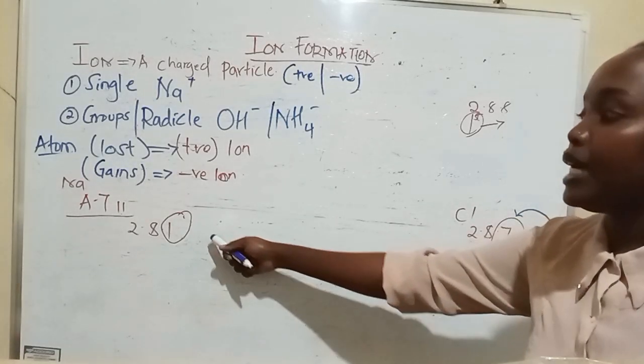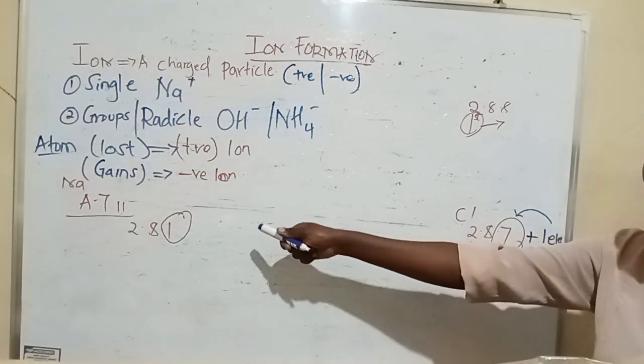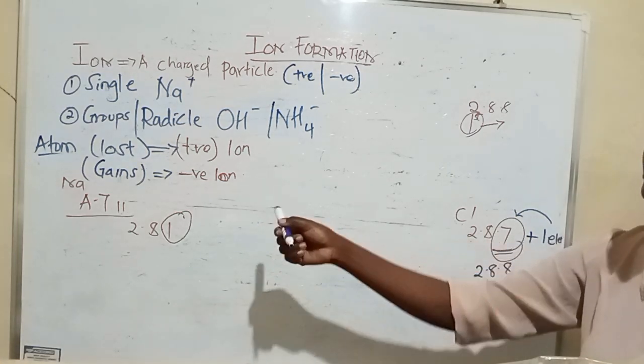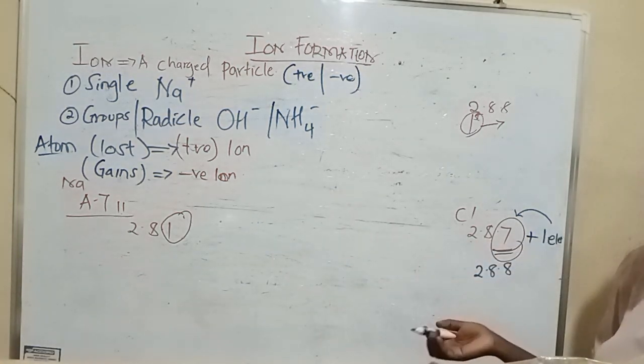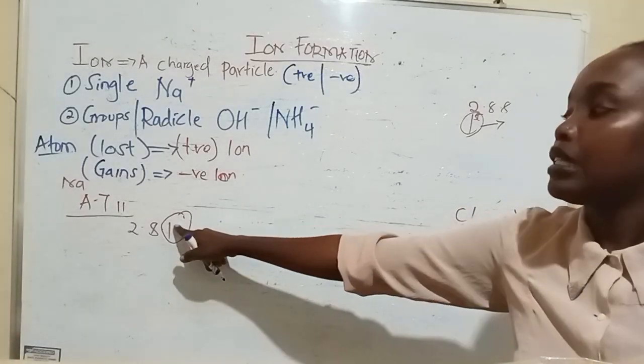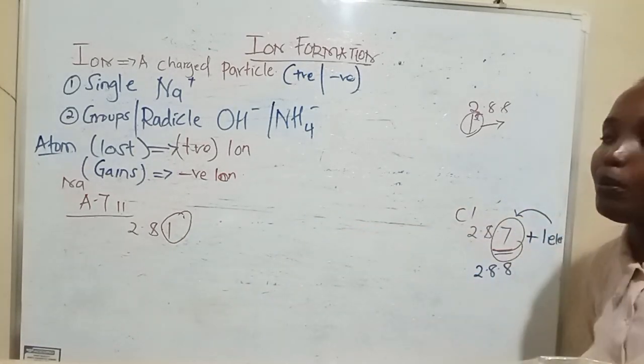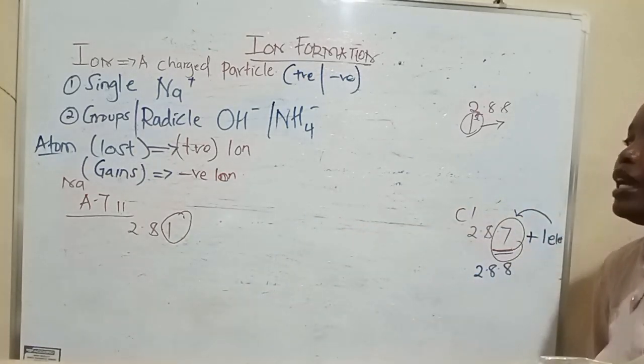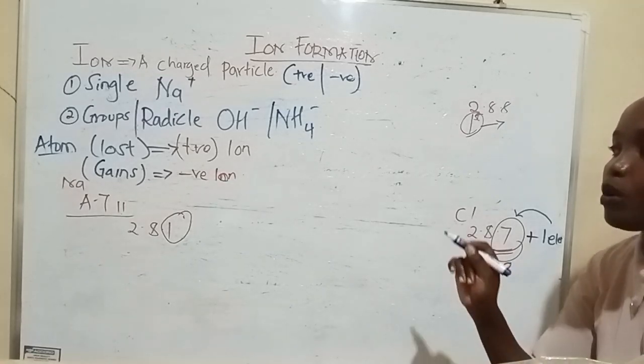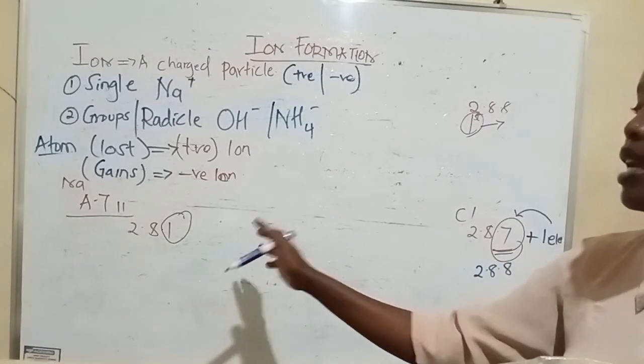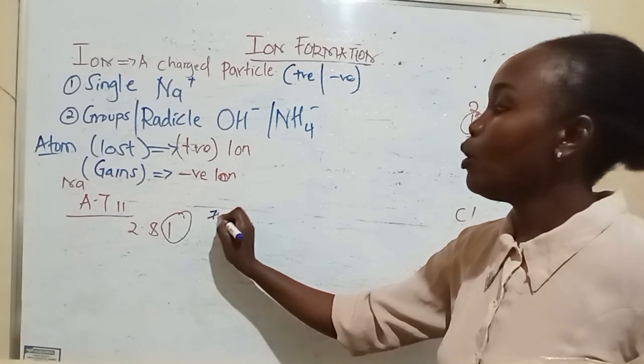For sodium, on the other hand, which has 1 electron in its outermost energy level, to attain stability we are going to lose that 1 electron, because it is easier to lose that 1 electron than to gain 7 more electrons.